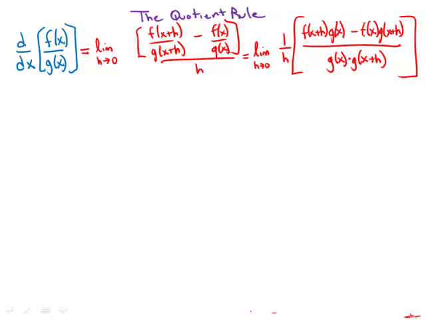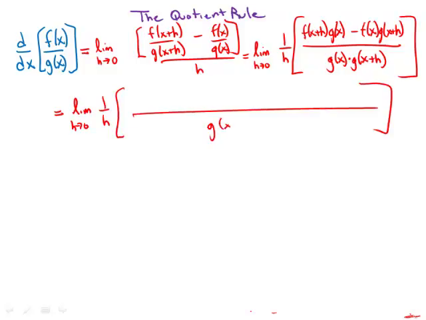So now, again, as in the derivation of the product rule, I'm going to use this trick of adding and subtracting something in the middle. So we have the limit as h goes to 0. We still have the 1 over h out in front. We're now going to have this gigantic fraction. Of course, the denominator is still going to be g of x times g of x plus h. I'll have this piece, which is the f of x plus h, g of x.